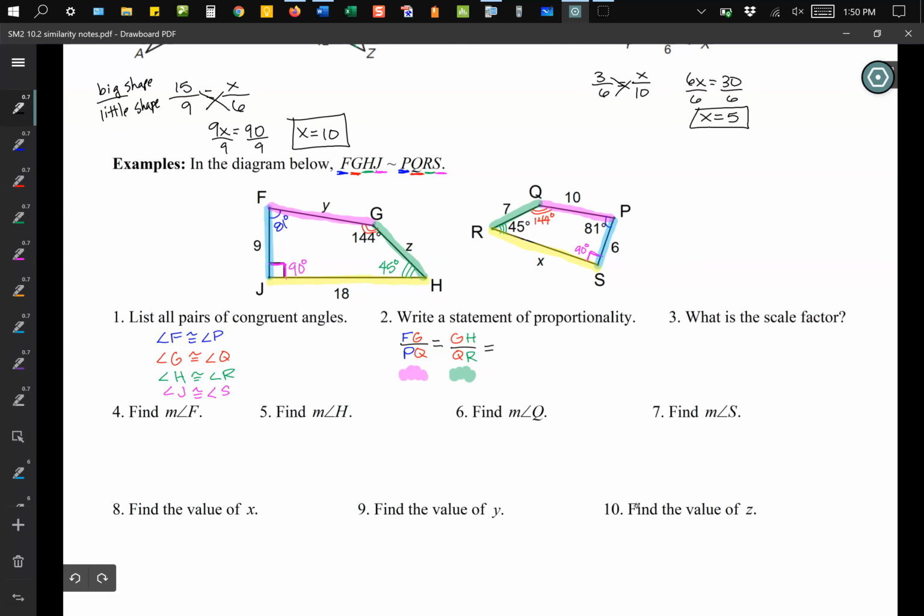And that equals last 2 over last 2. HJ over RS. Well, that's just yellow side over yellow side.